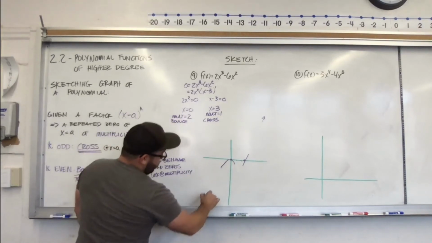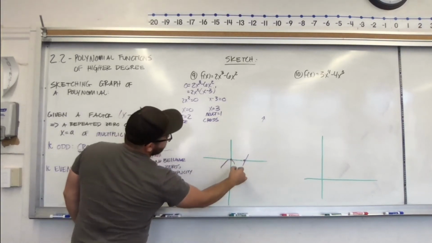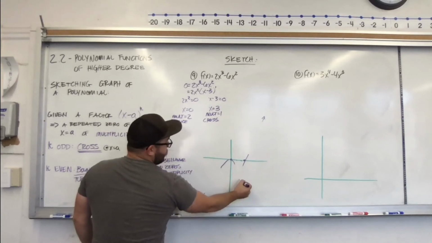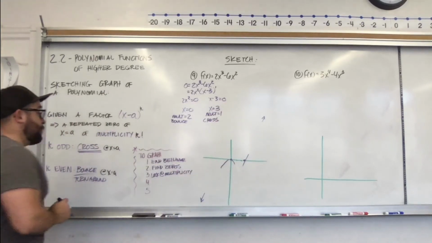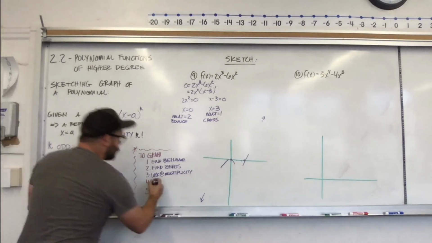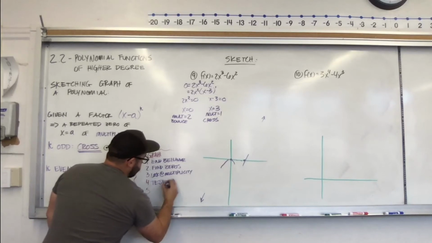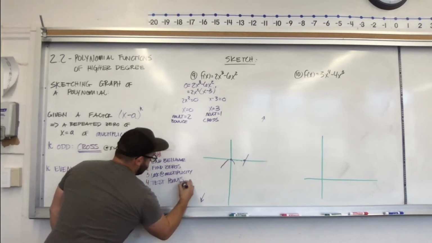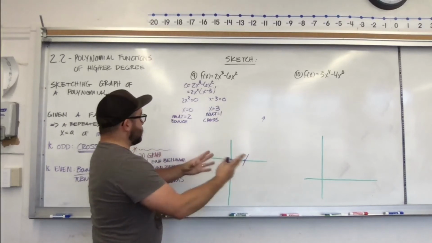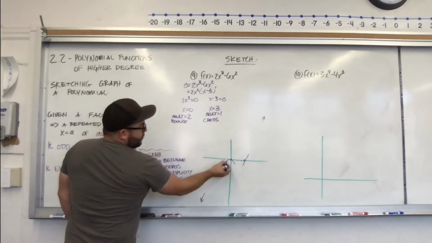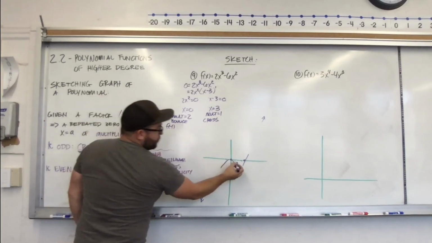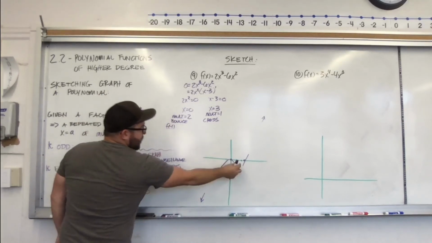But I know it's going to go roughly up, bounce around at 0, come down to some degree, and eventually have to turn around and come back through. So that fourth thing we need to do is actually test some points. We just want to test some points around these zeros to see a little bit more of the detail that's happening. So I'll do a couple: f of -1, f of 1 and f of 2 to see what's happening in the middle.